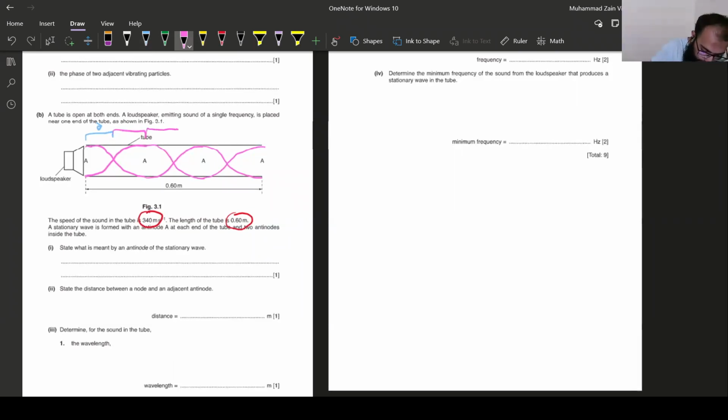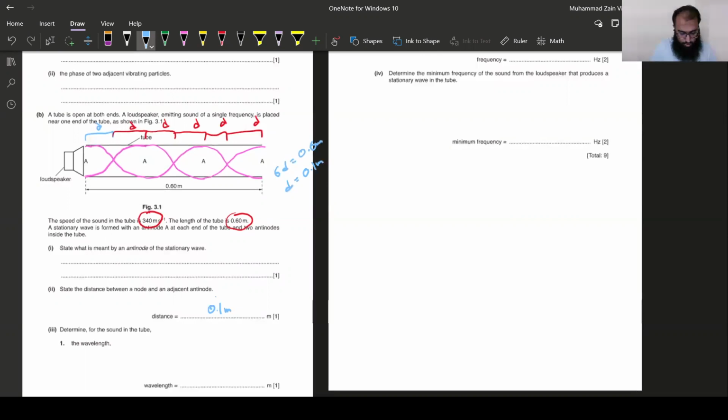If I do some rough calculation, this would be another d, and this would be another d, another d, another d, and another d. So I have 6 d's. So I'll write the equation: 6d equals 0.6 meters, and d equals 0.1 meters. So 0.1 meter would be my answer for this. I hope this part is clear to everyone. d would be equal to 0.1 meters.